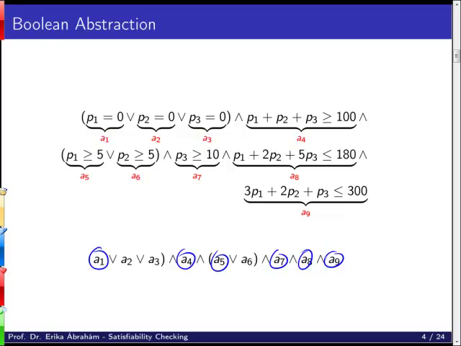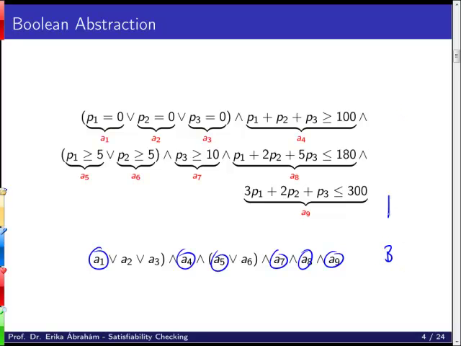And what can I do then? Add another formula that states that this combination of assignments is not valid, and go on with that problem. Exactly. So what I do is that I have a Boolean formula.